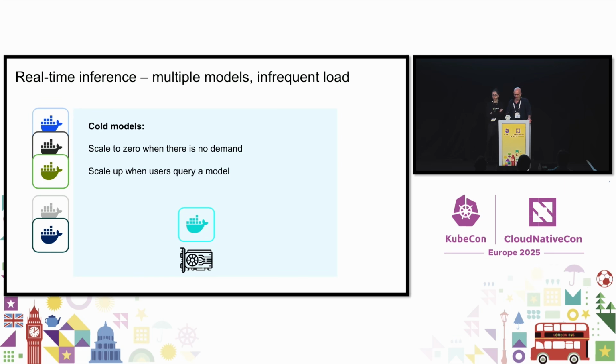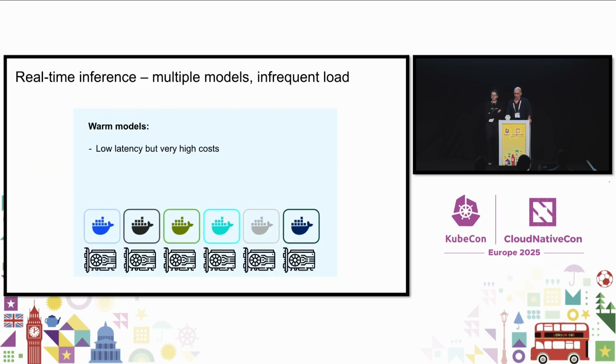But if spinning up that replica takes many minutes, then you won't be able to do that if your application needs low latency. So usually what we see is code models just being provisioned on many GPUs just to keep them warm, so latency will be low. And that's, again, high cost, low GPU utilization.